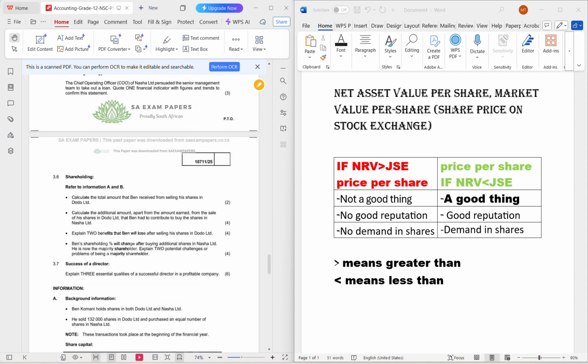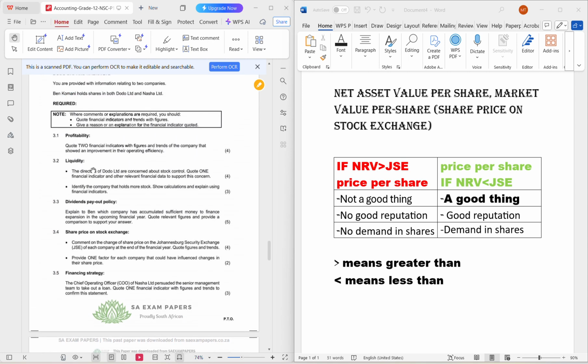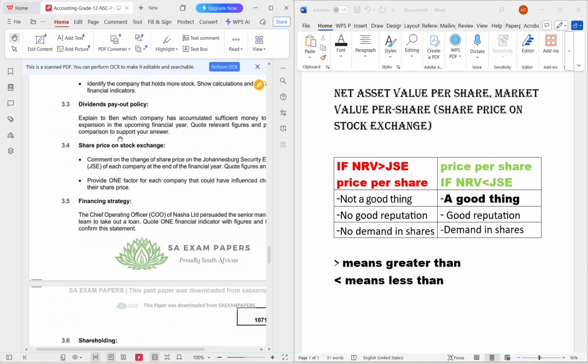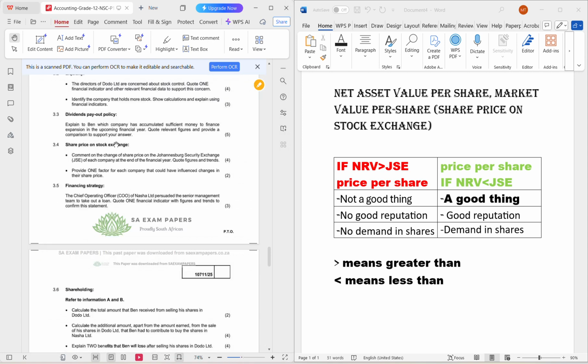So let's check our example. All you have to know is this: when the NAV is greater than the JSE, you have to know what it means, and vice versa. So let's check our question. We have 3.4, share price on stock exchange. When you see this, you have to look for the NAV and the JSE.